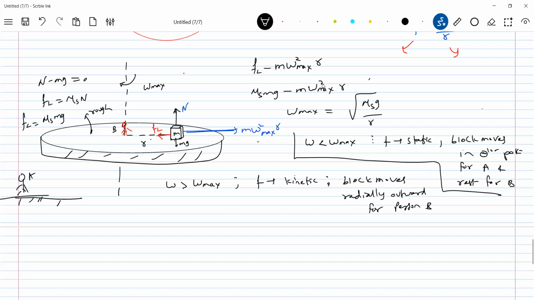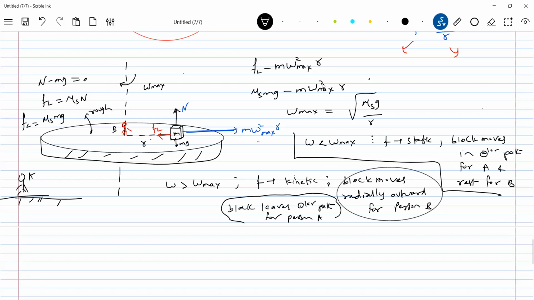Person A, what does it say? Block leaves circular path for person A. These comments are really very important for these two conditions.